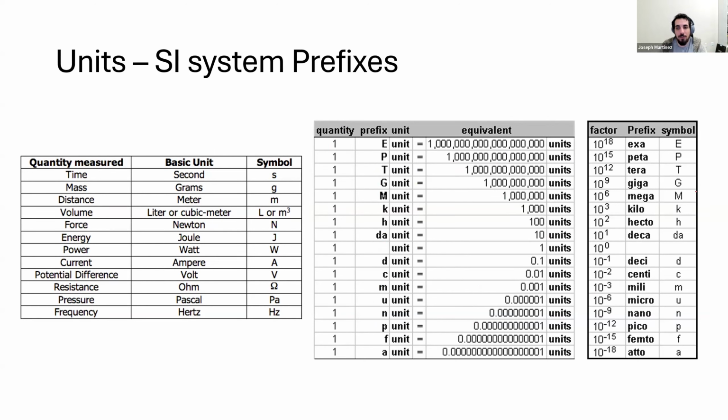So for example, if we look at kilo, like our kilogram, what that k actually means is 1,000. So if you see something that says it's 5 kilograms, kilo is standing in for 1,000.